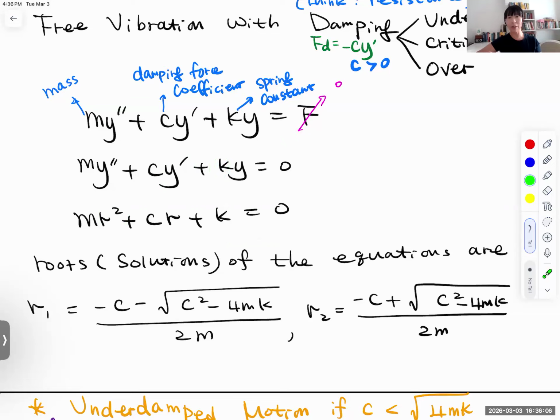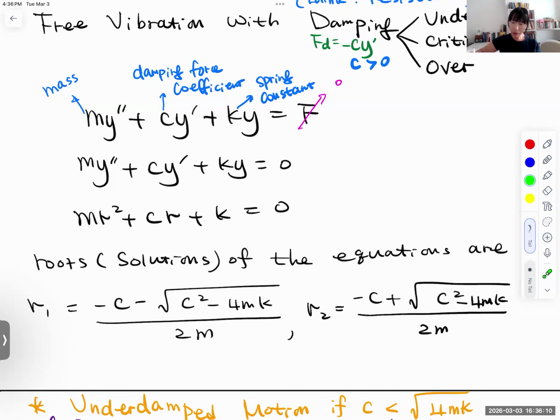And then we solve for r, right? We are using the quadratic formula: minus b plus or minus the square root of b squared minus 4ac, all over 2a, right? Following the coefficients here, that will be a, b, c.